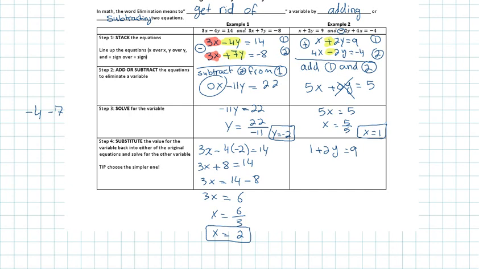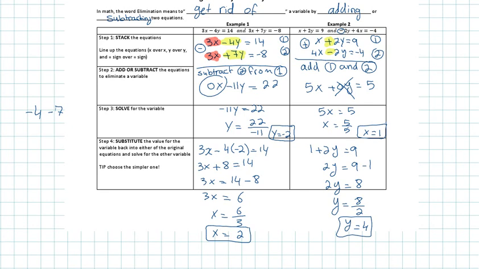Bring the 1 over, it becomes 2y equals 9 minus 1 is 8. Then I have to divide by 2. Okay? I square these because these are my solution. That's why I square them, because this is basically what I'm looking for.